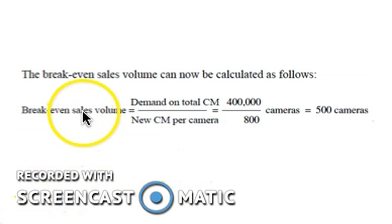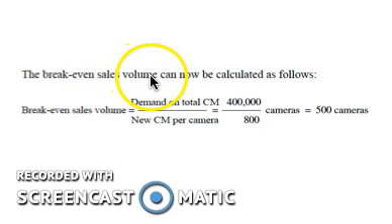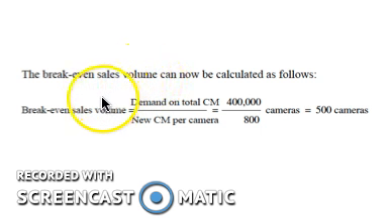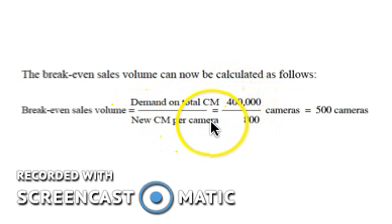Then we make the break-even sales volume calculation. The demand on total contribution margin is 400,000. The new contribution margin per camera is 800, which we saw before: if we take the 3,800 and subtract the variable unit cost of 3,000, that's 800.